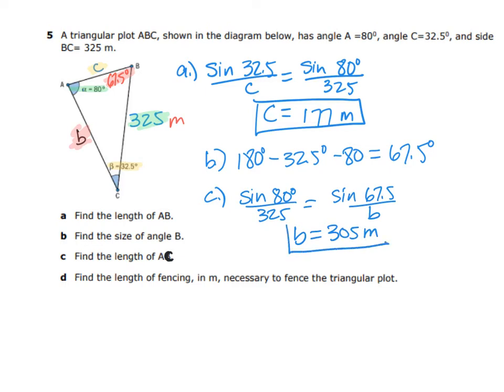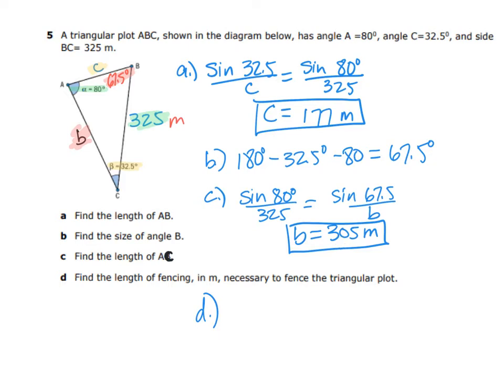Okay, so now the last part says find the length of fencing in meters necessary to fence the triangular plot. So we were given one side. We have found the other two sides. So we'll add those 3 sides together. And when you do, you would want to use exact values. I know it's tempting to use your rounded values, but go back and use those exact values.